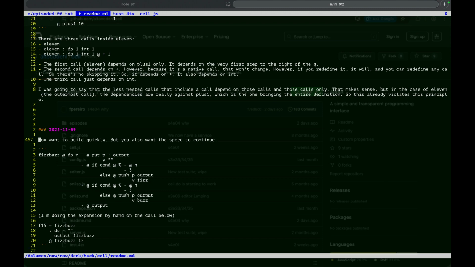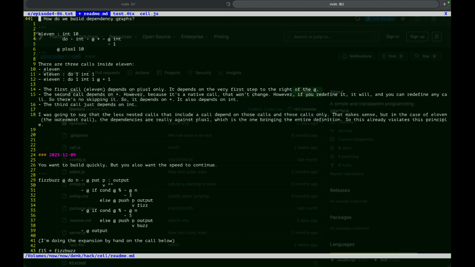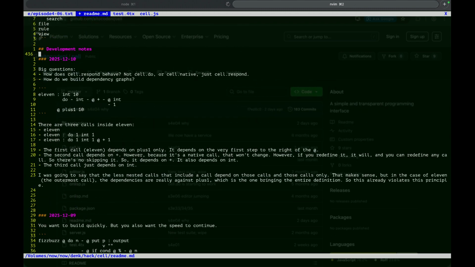Do I really need the dependencies? Is it really that necessary? It feels like such a pain to build this. But I need a dependency graph. There's no way I can do it without.